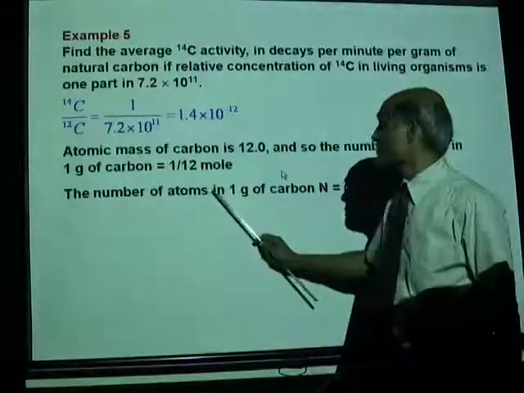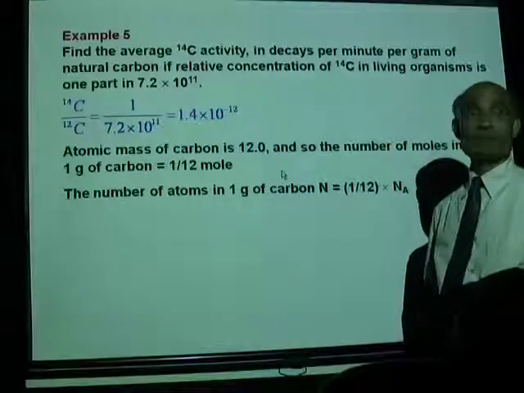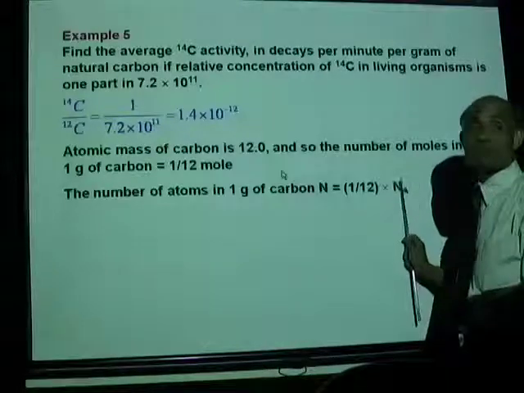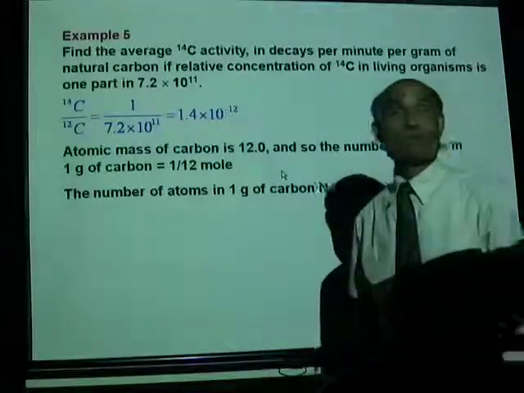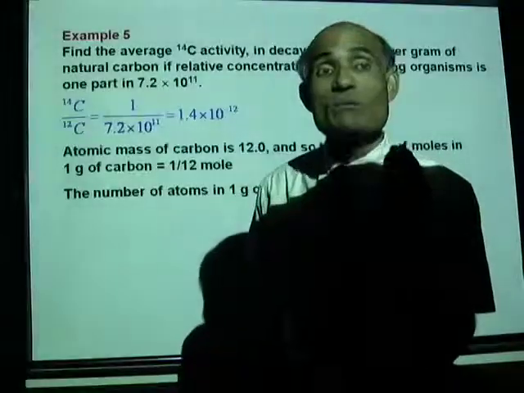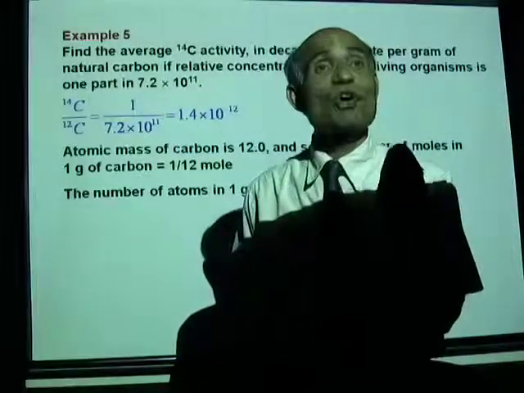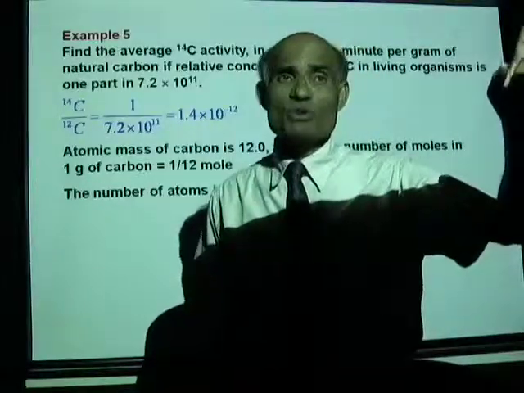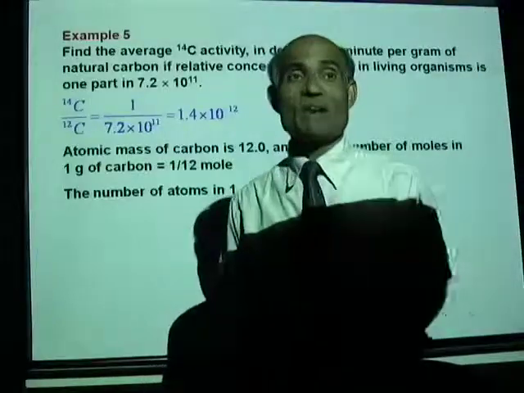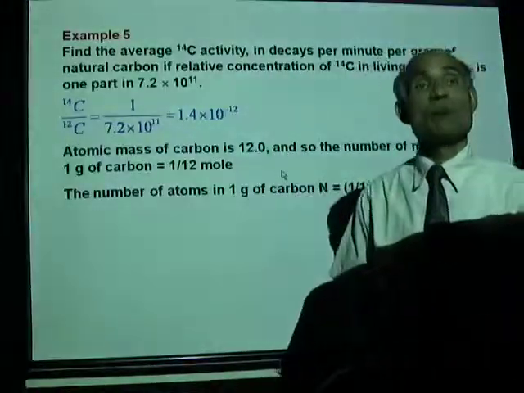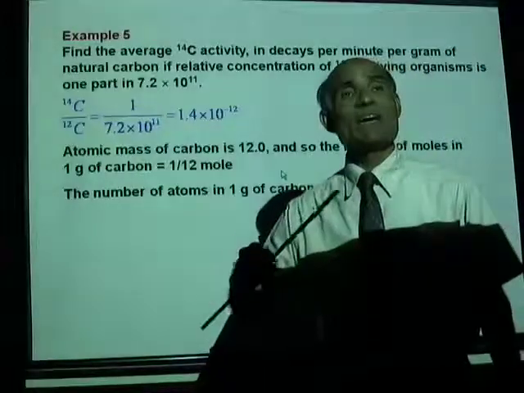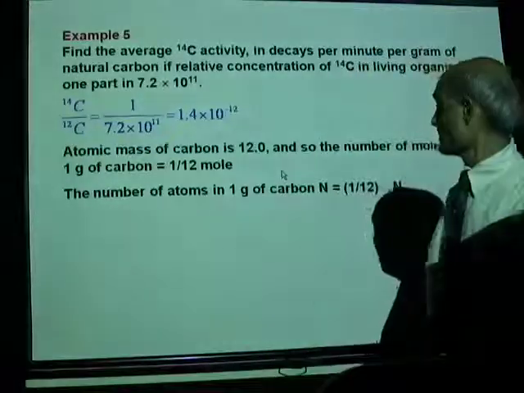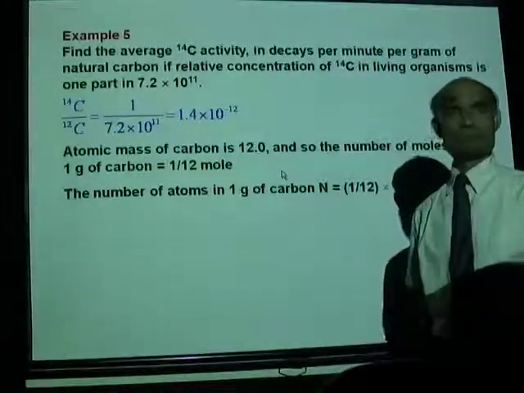Now, the number of atoms in 1 gram of carbon is 1/12 of the number of atoms in 1 mole. You know that the number of atoms in 1 mole of a pure substance is called the Avogadro number. We talked about that earlier in the course, in the first unit. And you know the value of that, don't you?